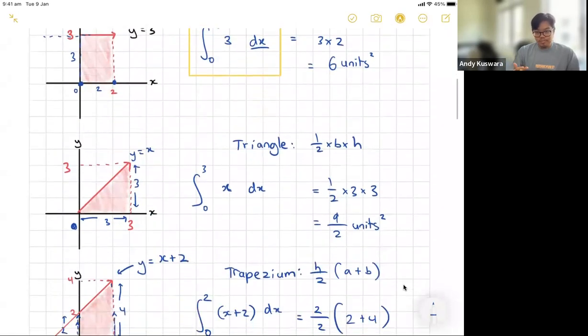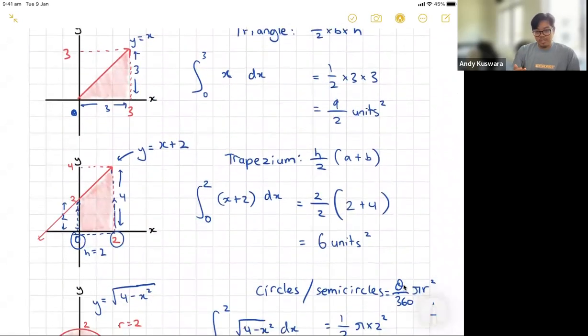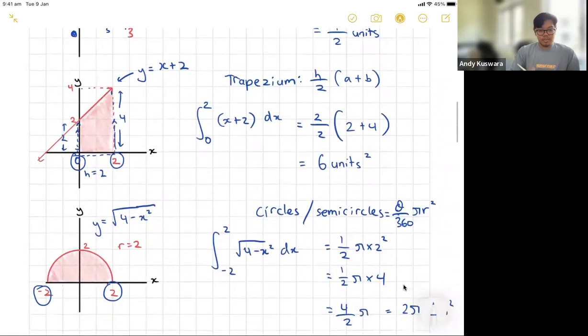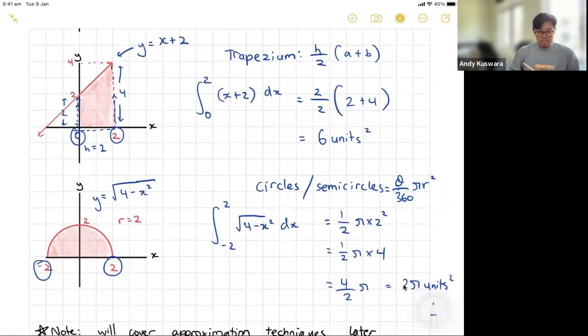Oh, that's a triangle, we're going to do half times base times height. Oh, we've got a trapezium, that's height on 2 times a plus b. If you've got a circle, then it's just pi r squared. A semicircle is half of pi r squared, and so on and so forth. You'll just be finding areas of a curve, the shaded region, and calculating those.